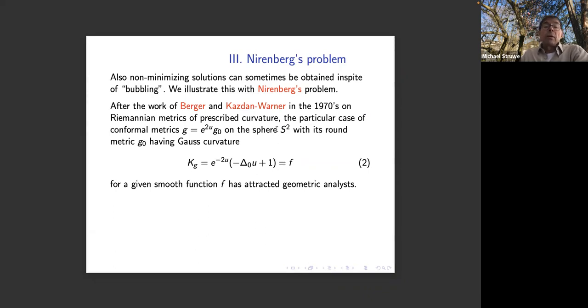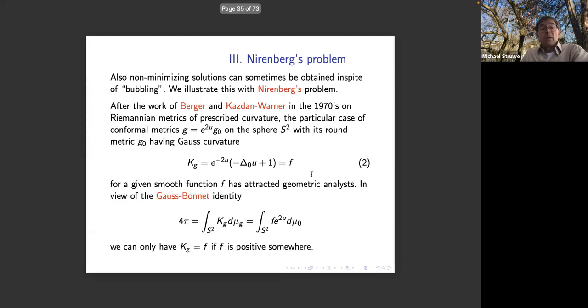Now we are on the standard 2-sphere, so g_0 is the round spherical metric, and Laplacian_0 refers to the standard Laplacian on the sphere. And therefore, if you want to find a conformal metric having a given function f as its Gauss curvature, you need to solve a nonlinear elliptic equation, namely Laplacian u plus 1 equals f times e^{2u}.